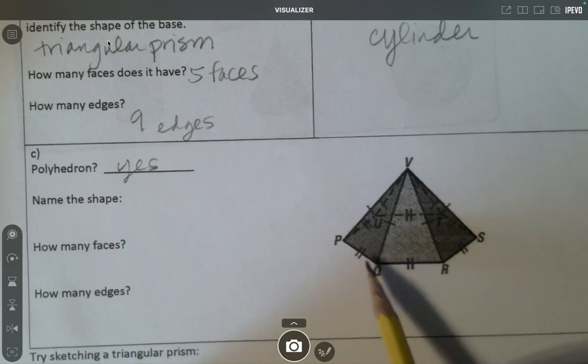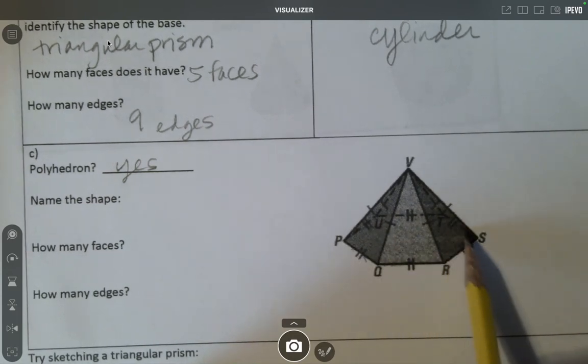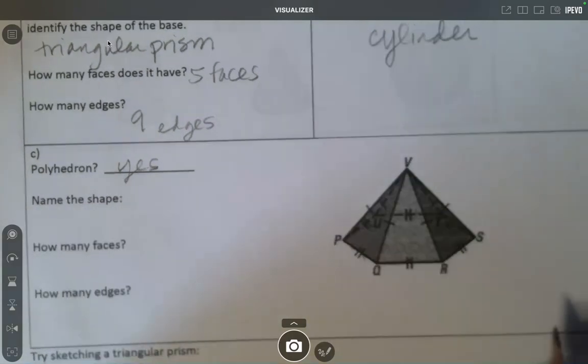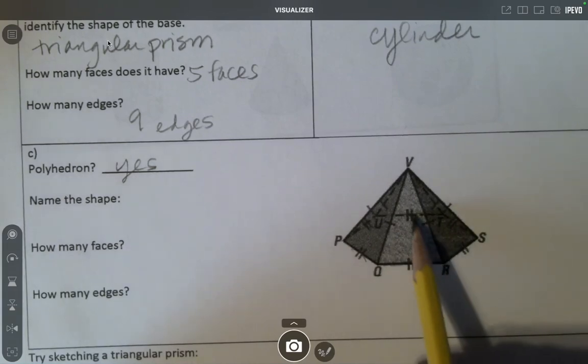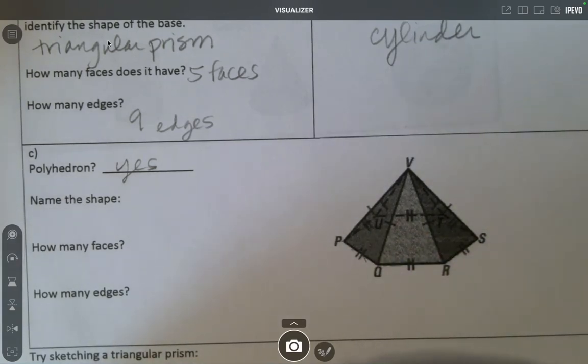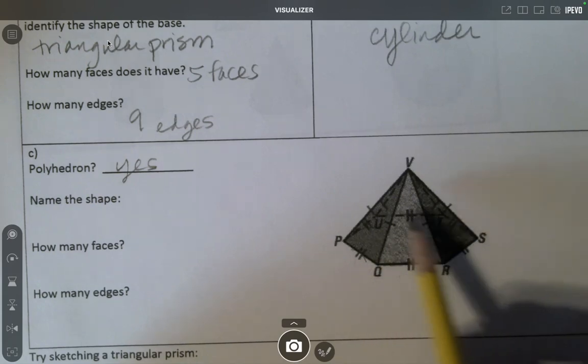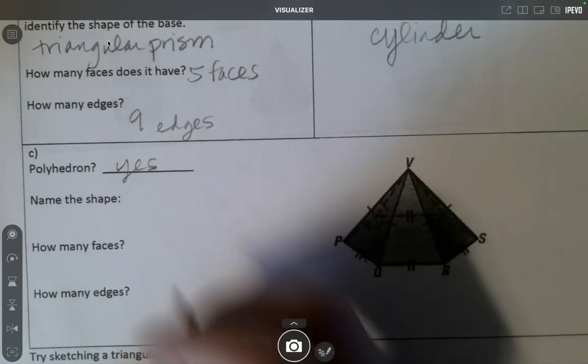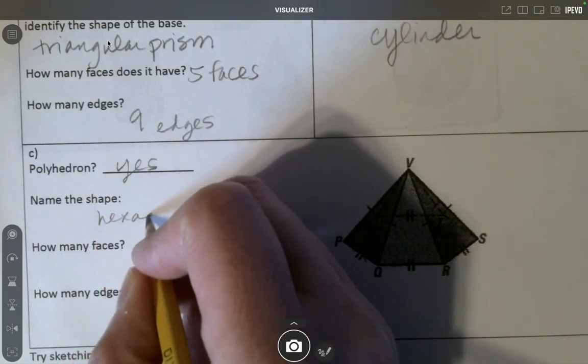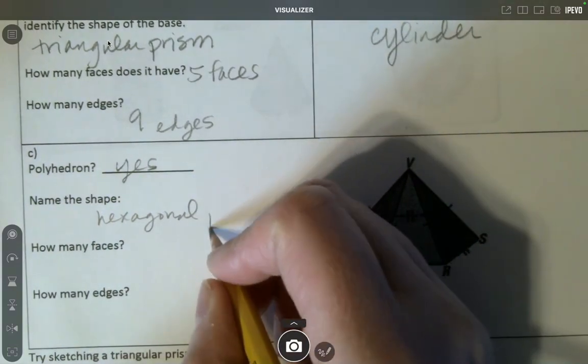So 1, 2, 3, 4, 5, 6. So it looks like a hexagon on the bottom. Just double checking. And I think judging by these markings, it's even a regular hexagon. So hexagonal pyramid.